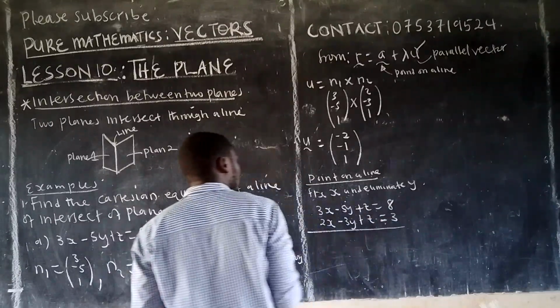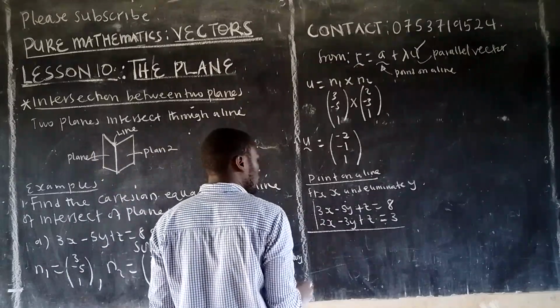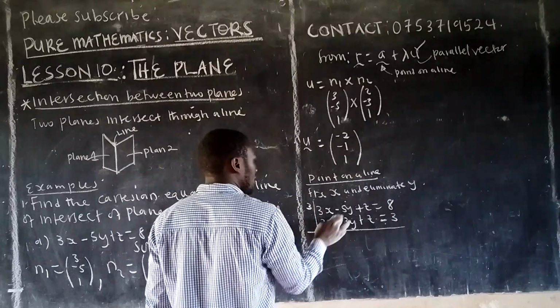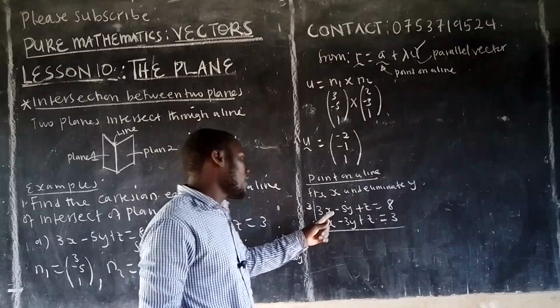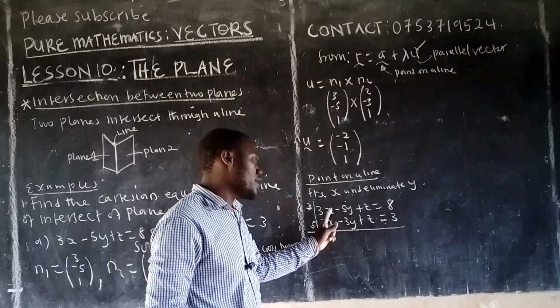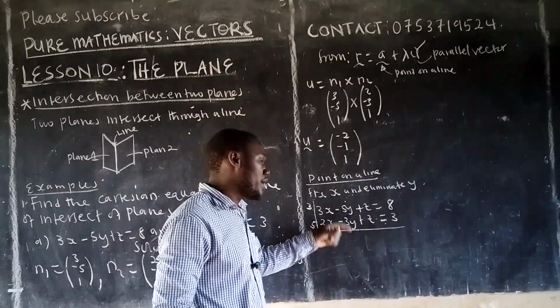So we have said fix x and eliminate y. We are aiming at eliminating y, and to eliminate y here we shall need a 3, then there a 5. What I mean by fixing is you only leave x alone, then you eliminate y. We have x, y, z, but you are not tampering with x. Our aim is to eliminate y.